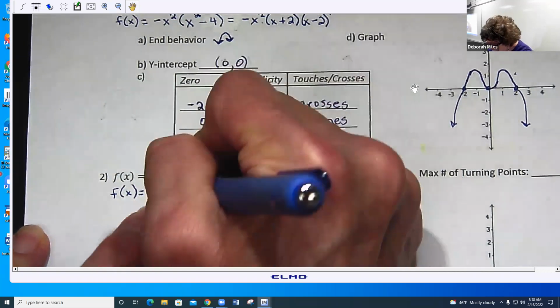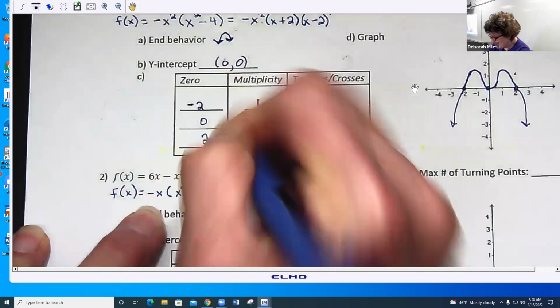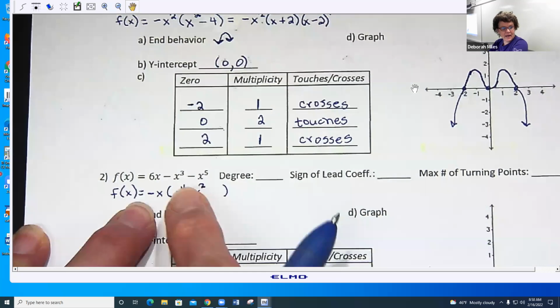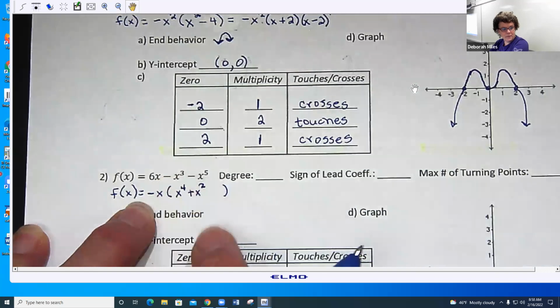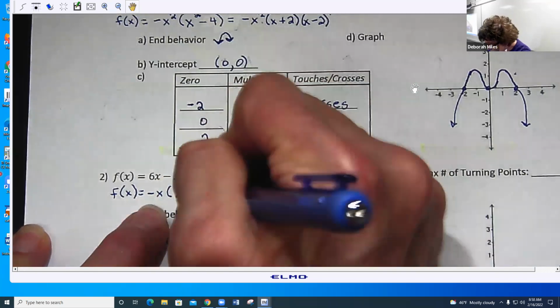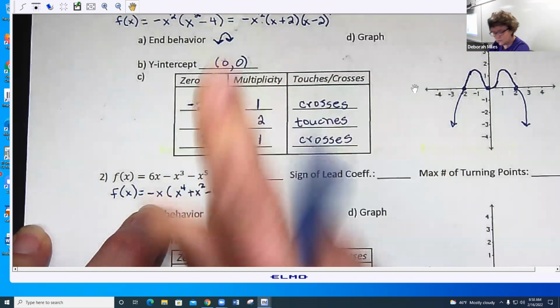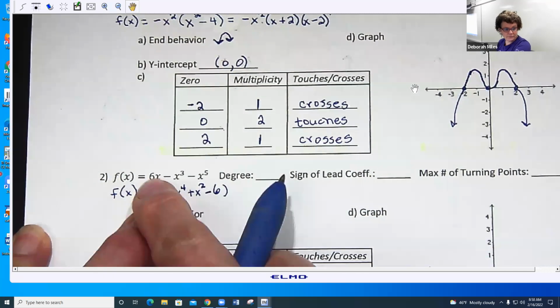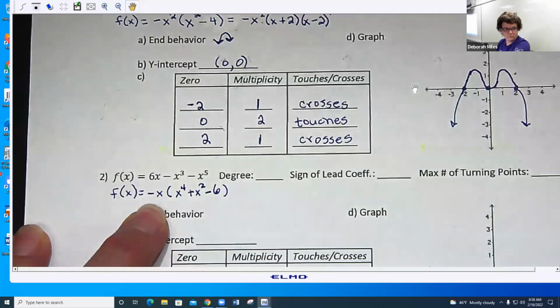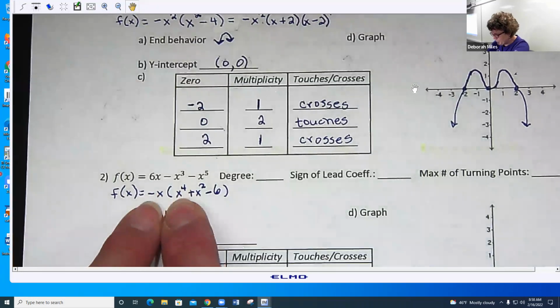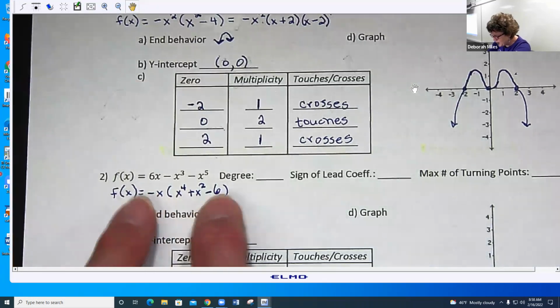Negative x times positive x squared will give me that negative x cubed. And negative x times negative 6 would give me that positive 6. Just check your factoring. That's negative x to the 5th minus x cubed plus 6x.